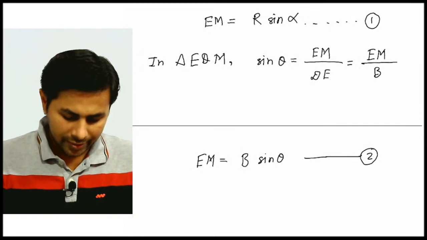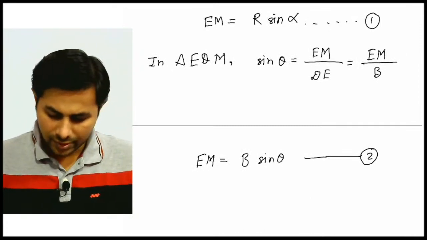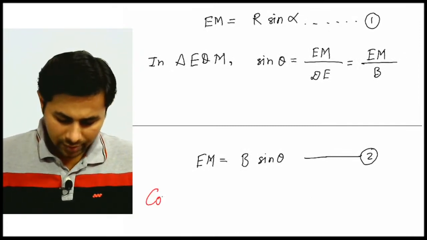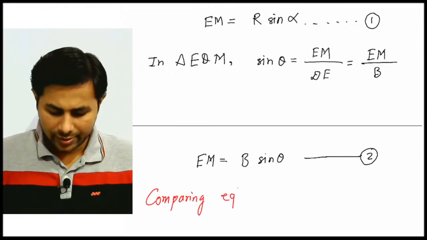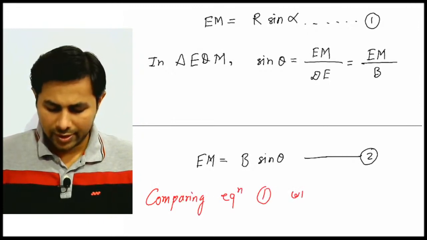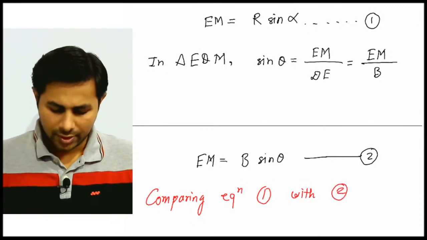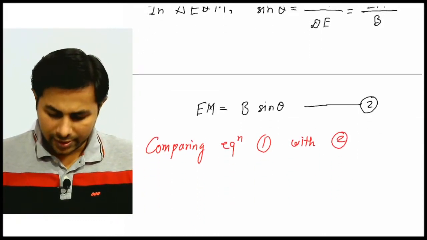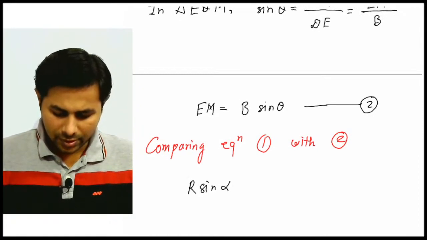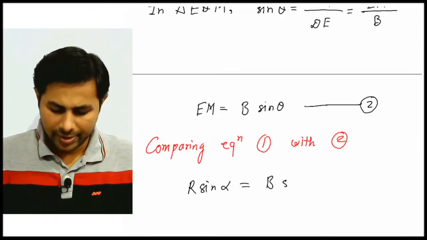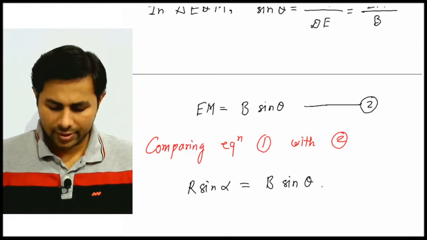Comparing equation 1 with 2, we get R sine alpha equals B multiplied by sine of theta.